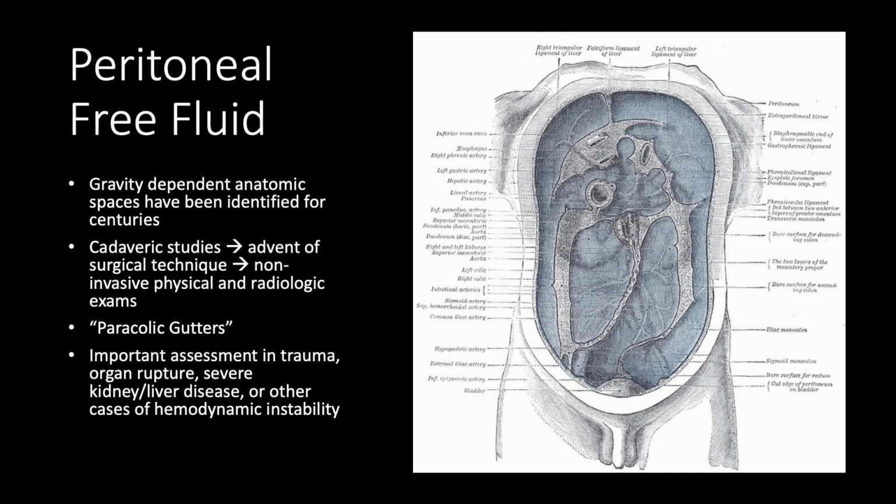into the peritoneum. And so for a long time, the original anatomists and masters and grandfathers and grandmothers of medicine, who helped identify the anatomy and label it for us and help us to understand where things were in the human body, have discovered this concept of pericolic gutters, which are spaces that are gravity dependent where fluid tends to first accumulate.